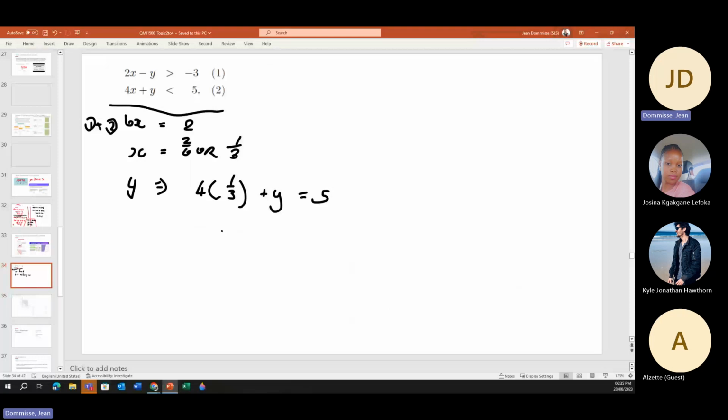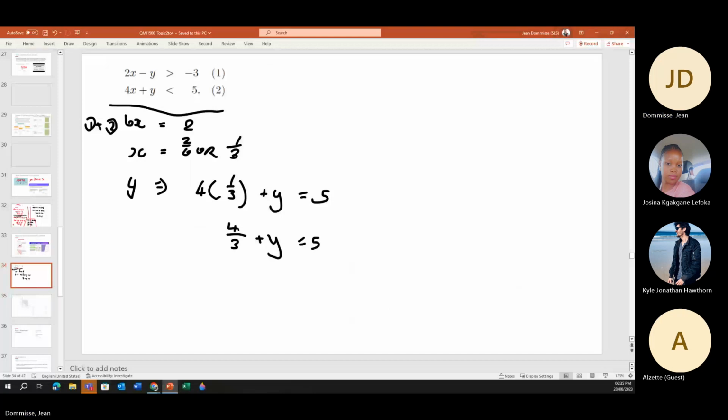So then 4 times 1 over 3, okay, this is not a great example, because now it will be 4 over 3 plus y equal to 5.